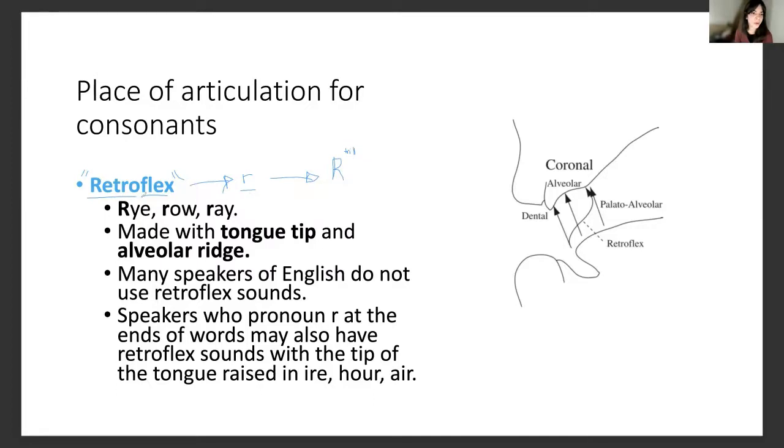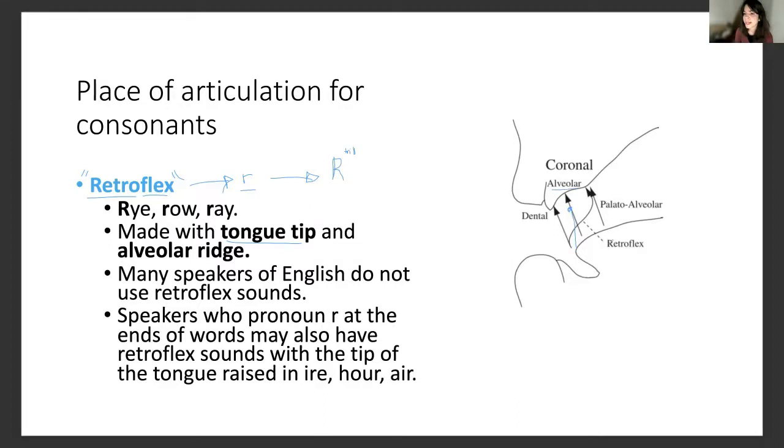So retroflex R, "raw", is the one found in "ri", "ro", and "re". So the way that it's produced is with the tip of my tongue. There's the tip of my tongue and the alveolar ridge. So it's the tip of my tongue approaching or interacting with the alveolar region.